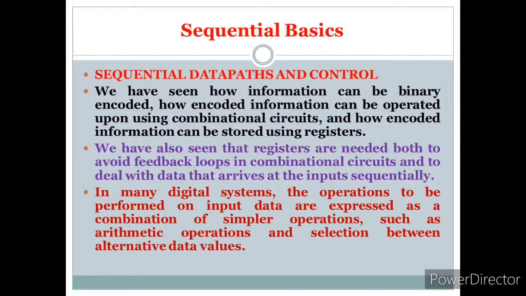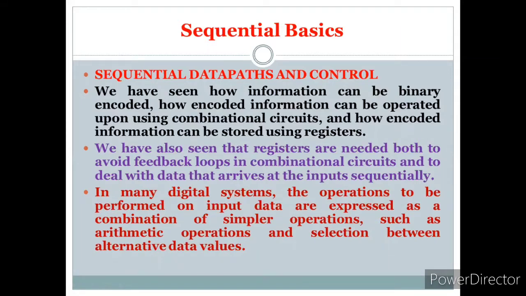We have seen how information can be binary encoded with the help of an encoder and decoder, how encoded information can be operated upon using combinational circuits, and how it can be stored using registers. We have also seen that registers are needed both to avoid feedback loops in combinational circuits and to deal with the data that arrives at the inputs. In a simple way, the clock signals are used to transfer the data from the input to the output.